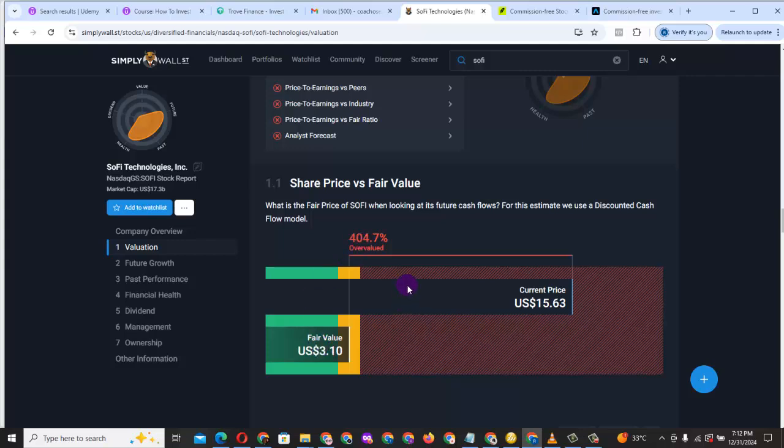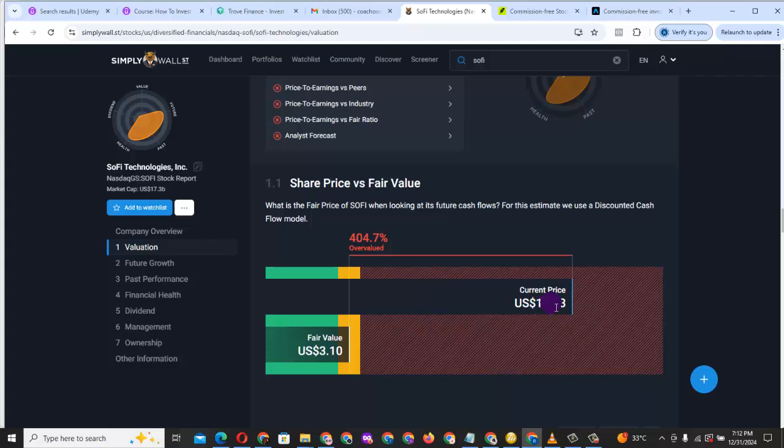However, the year is just about to start. The first trading market cycle has ended. It's just starting anew. So there is much possibility around SoFi Technologies, because one, they are also taking advantage of the AI.